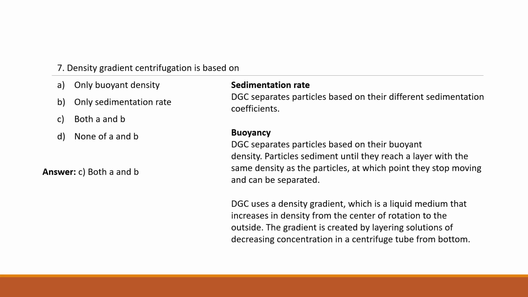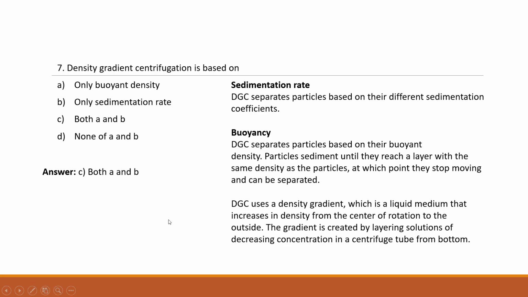Even if you keep centrifuging at a particular RPM, unless the RPM is changed, the particle will stay in the same zone. So you can easily collect that zone and then again purify from that zone.